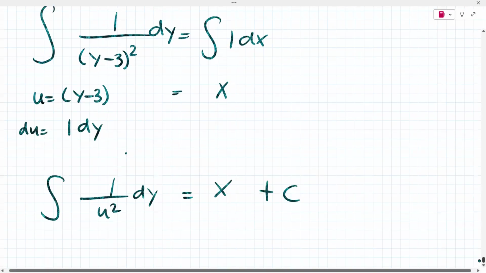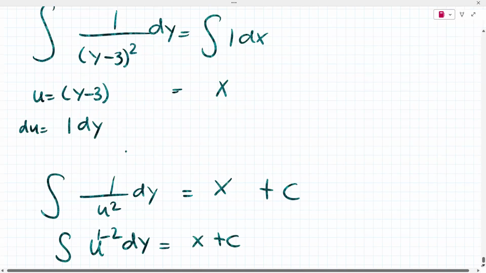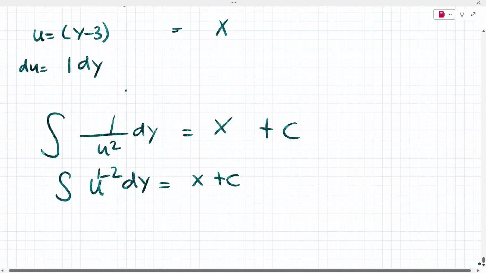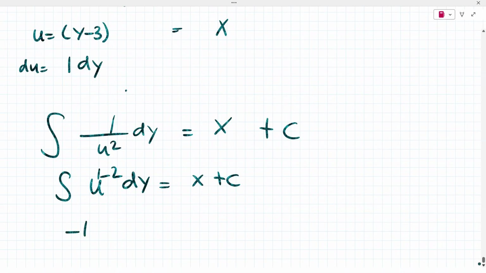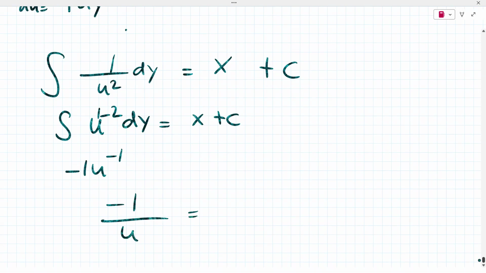The integration of 1 over u squared, you can rewrite that as u to the negative 2 du. And the integration of u to the negative 2 is negative 1 times u to the negative 1. So that's negative 1 over u equals x plus c.